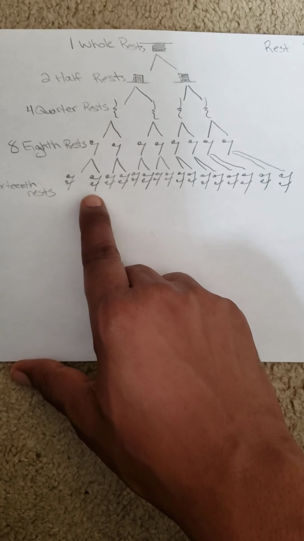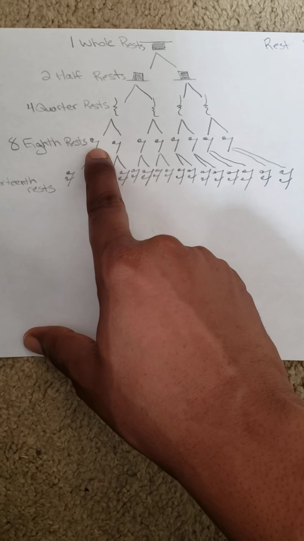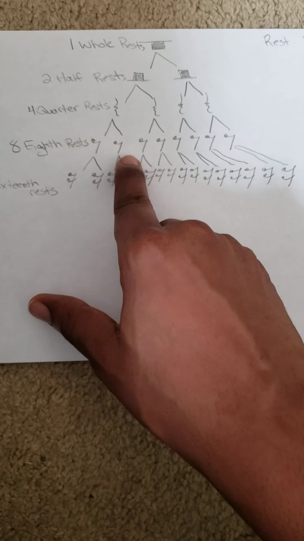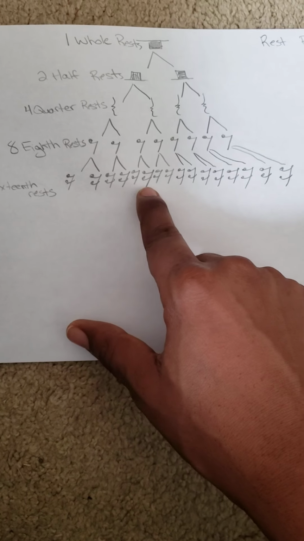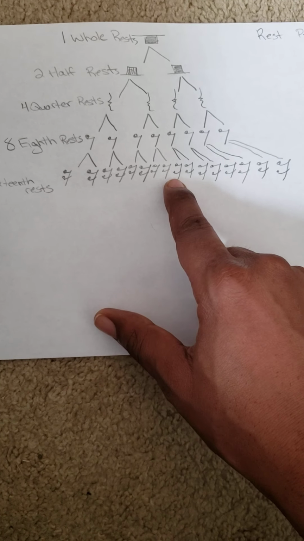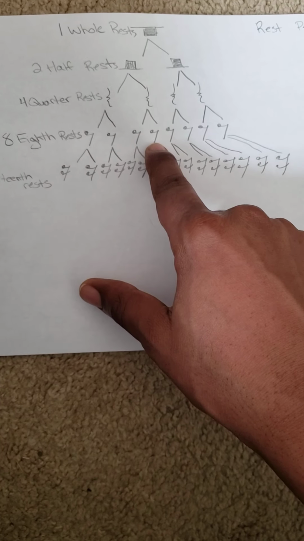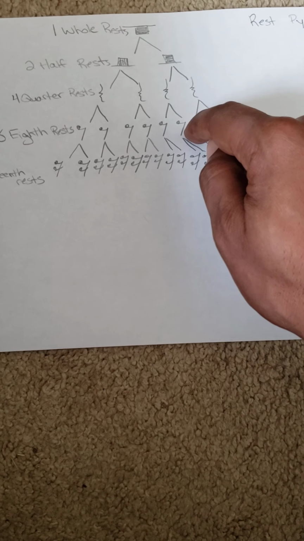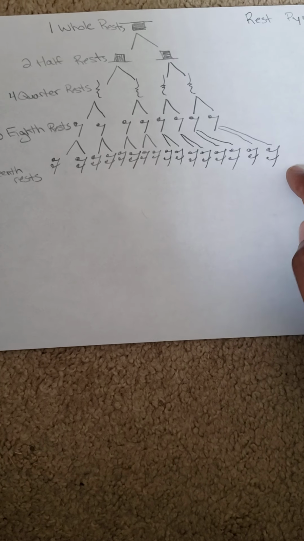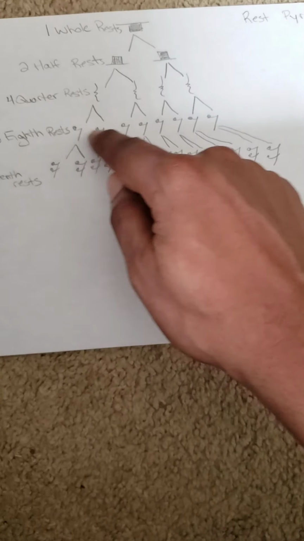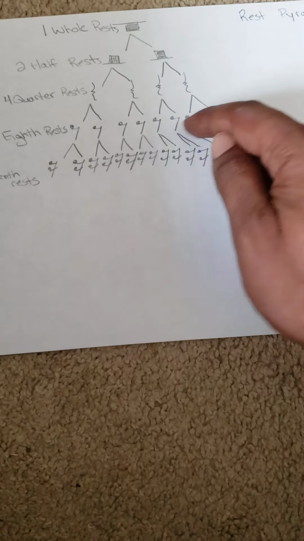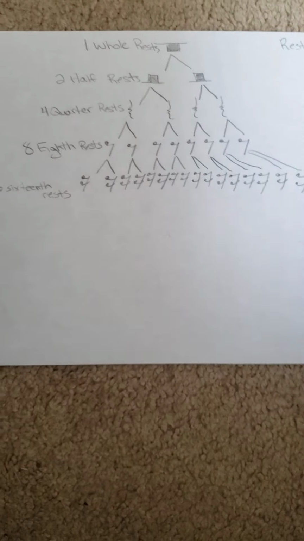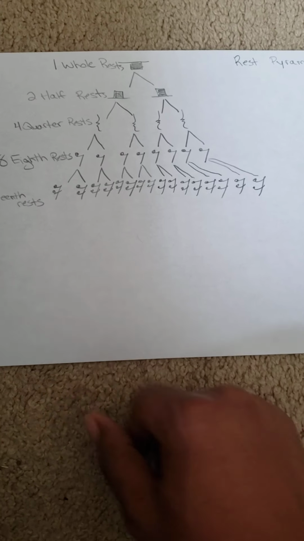Let me start over. 2 16th rests gives me 1 eighth rest. 4 16th rests gives me 2 eighth rests. 8 16th rests gives me 4 eighth rests. 12 gives me 6. 16 16th rests gives me 8 eighth rests, which equals the 4 quarter rests, equals 2 half rests, equals 1 whole rest. So everything goes back to equaling 4.